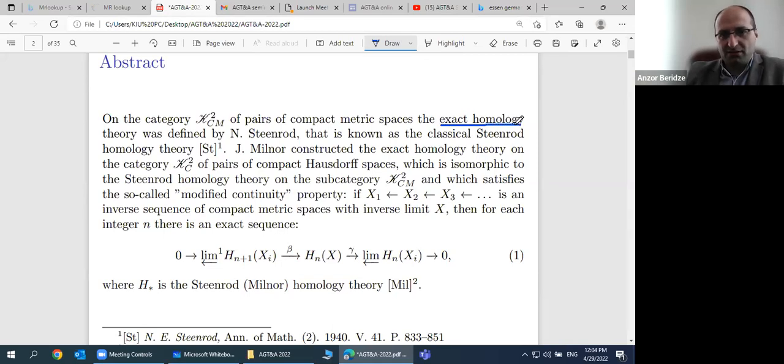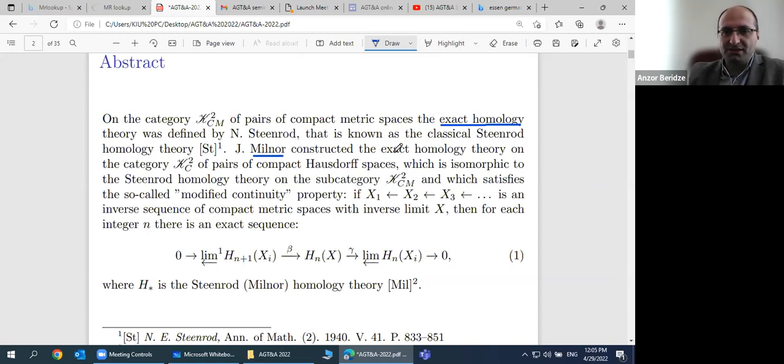And the first such kind of exact homology theory was defined by Steenrod. Before there were some papers, but Steenrod's paper is more popular, and this homology theory is called Steenrod homology theory, classical Steenrod homology theory. But at this time, the axiomatic characterization of this homology theory was not given, and this was done by Milnor.